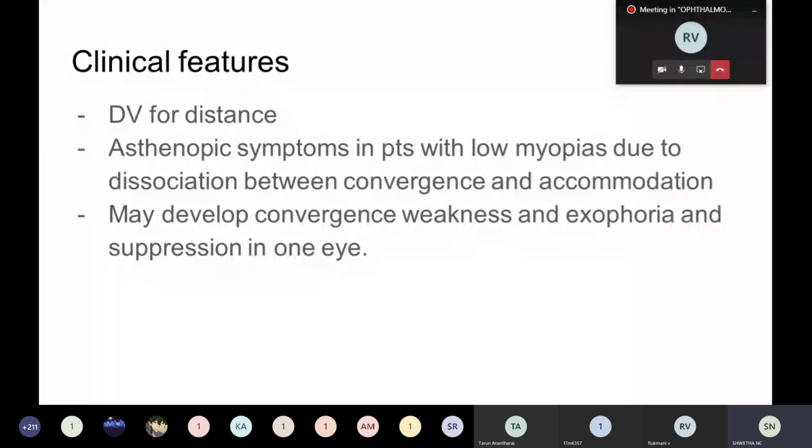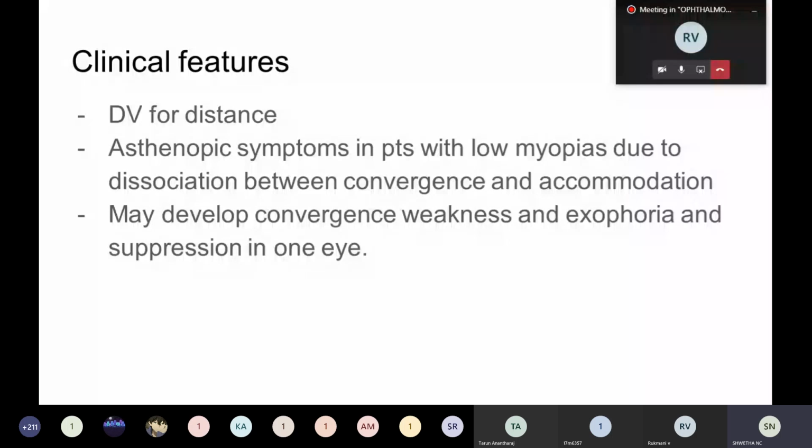Especially in low myopics, meaning lesser power, you see this due to dissociation between convergence and accommodation. Convergence and accommodation normally go together. Here the patient may exert more accommodation, with convergence insufficiency, so they have eye strain and headache. This is especially in low myopes.